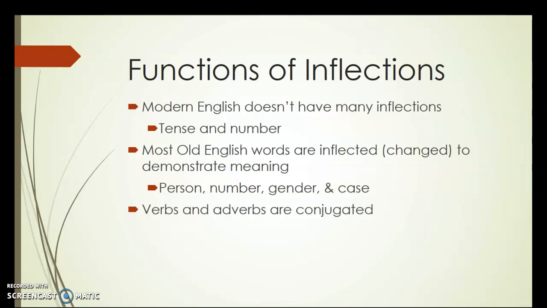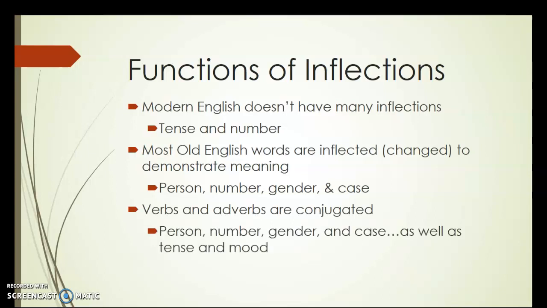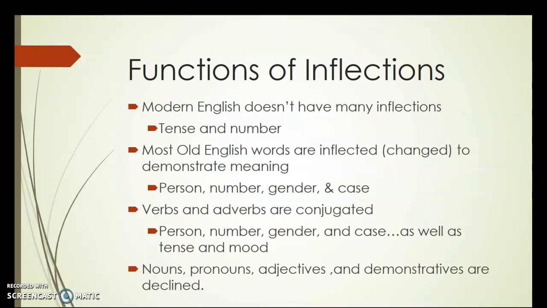Okay? When verbs and adverbs are inflected, they are conjugated for person, number, gender, case, and tense and mood. And finally, all the words in a sentence must accord or agree with one another. This is similar to modern day subject-verb agreement, except it applies to the whole sentence.